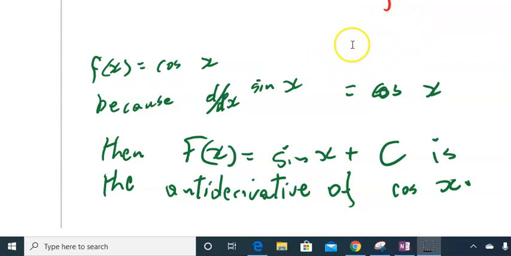This function we know is sine of x. Because d dx of sine of x is equal to cosine of x, then uppercase F of x equal to sine of x plus C is the antiderivative of cosine of x.